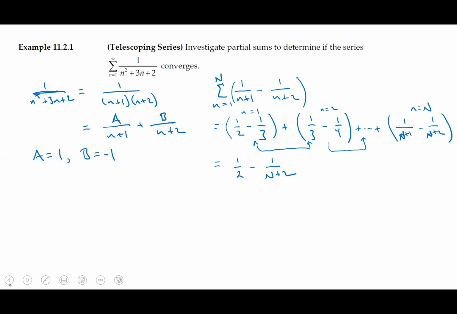And if I want to know what that sum actually is, that's going to be the limit as N goes to infinity of 1/2 minus 1 over N plus 2, which is just 1/2.